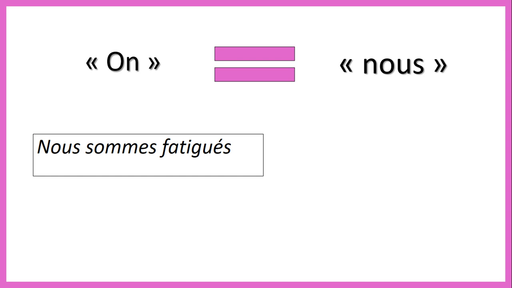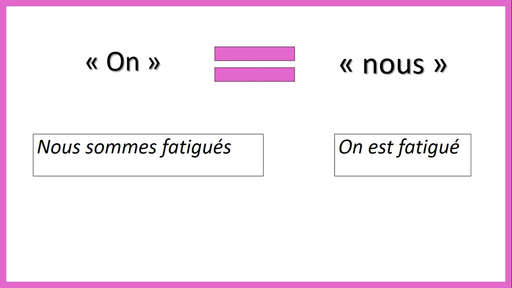I can say nous sommes fatigués, we're tired. And in the same circumstances, I could say on est fatigué, we're tired. It's the same, I will tell you, in spoken French, spoken language, we use mostly on and not nous, but both of them are really used.